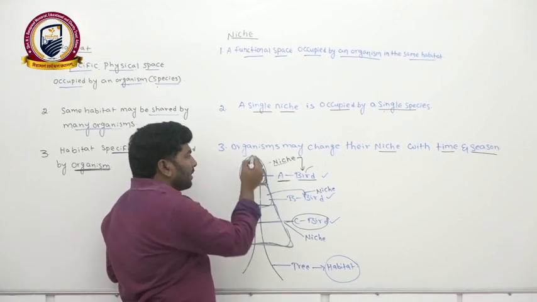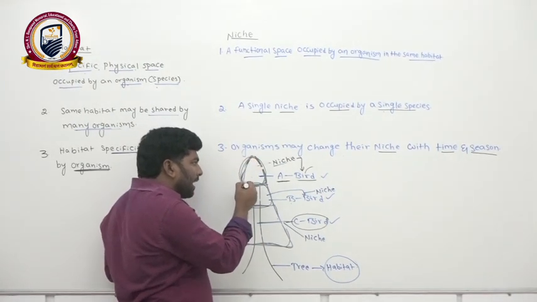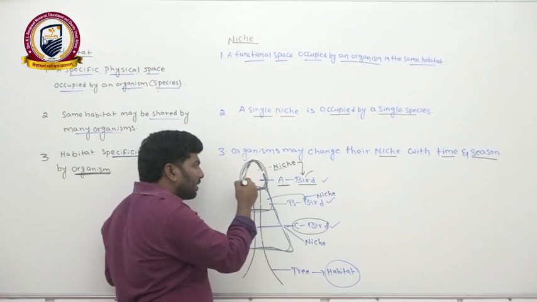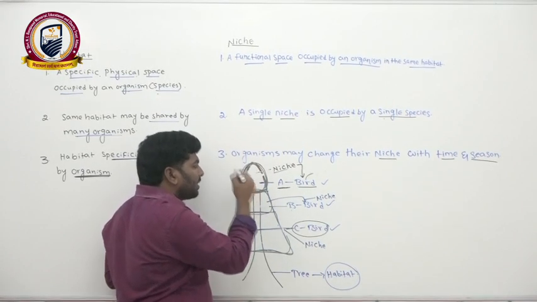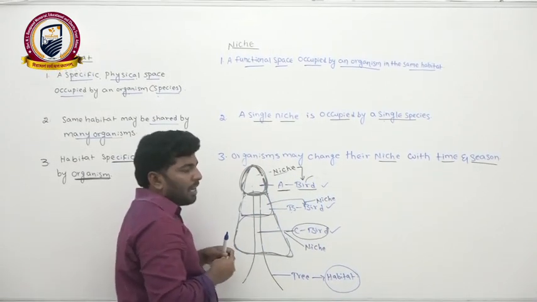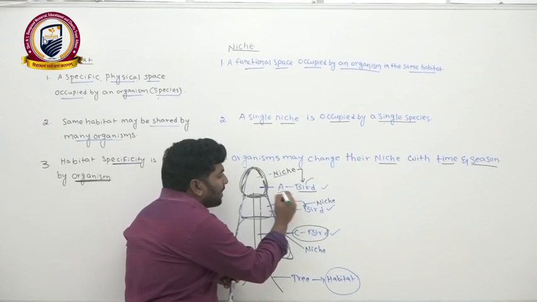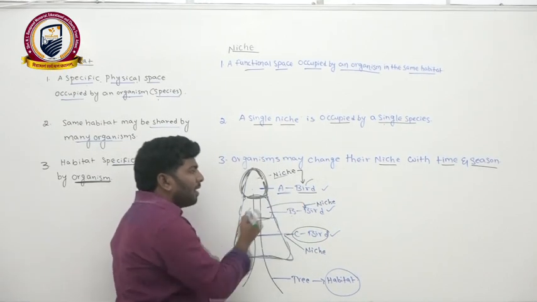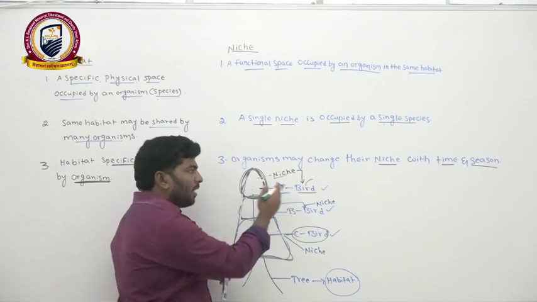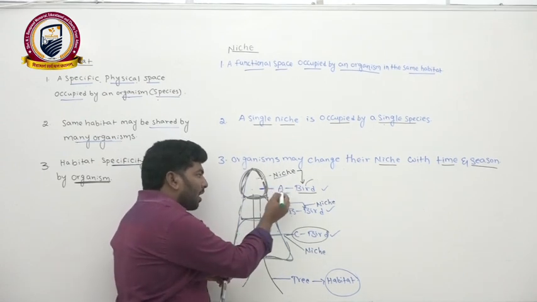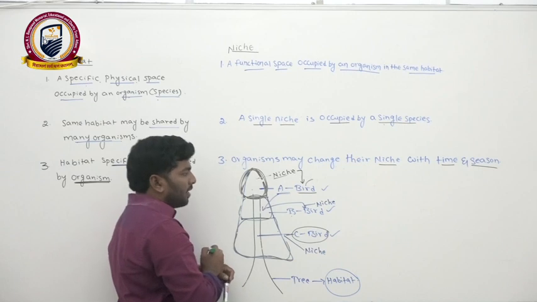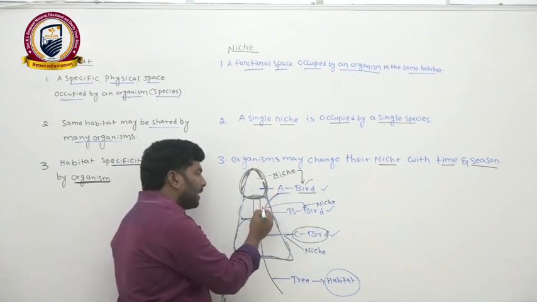Suppose this top area is getting damaged due to some environmental factors. Then where will the A birds get their needs and place their role? They may come to the B region.